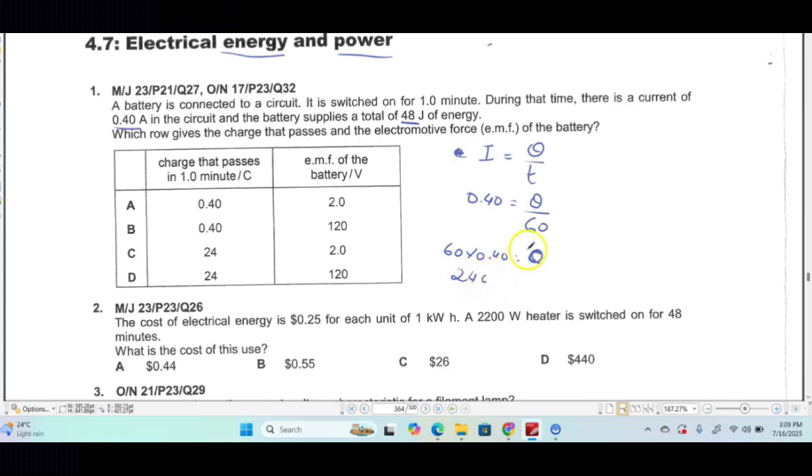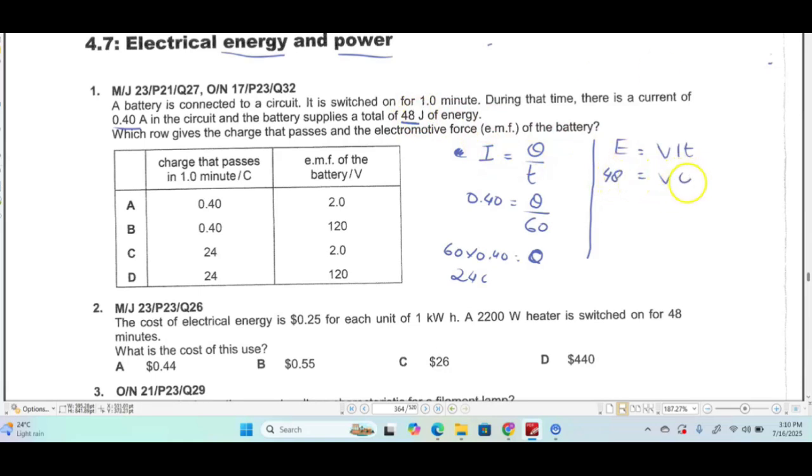Okay? And let's calculate the EMF of the battery. For EMF, we can use E is equal to VIt as a formula. Voltage is given, EMF is given, and energy is given to us as 48 joules.